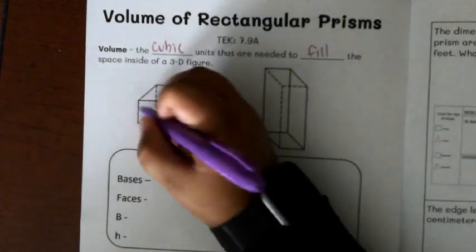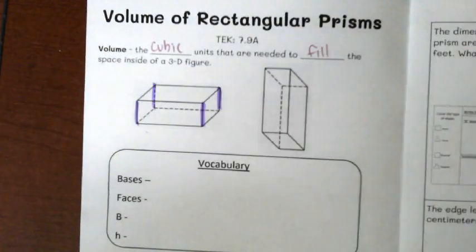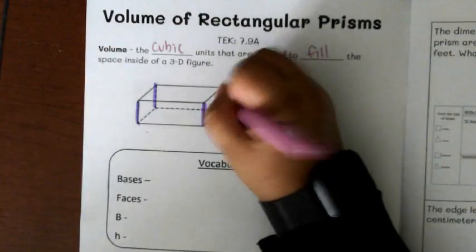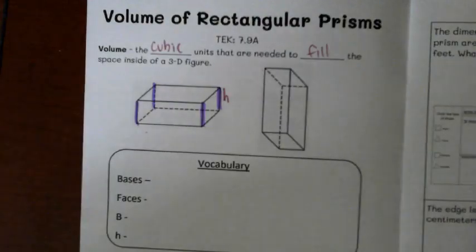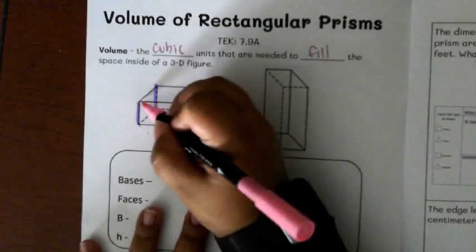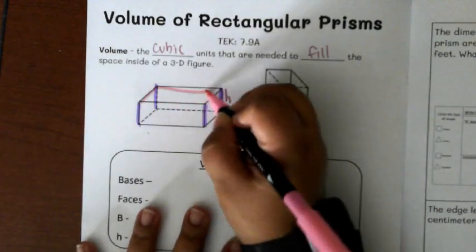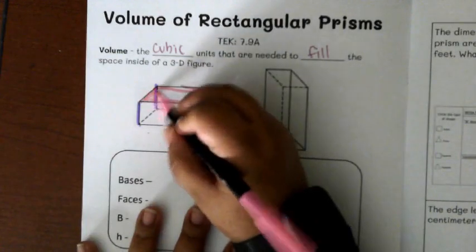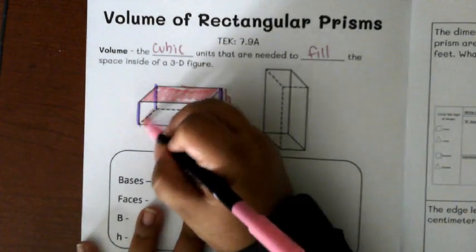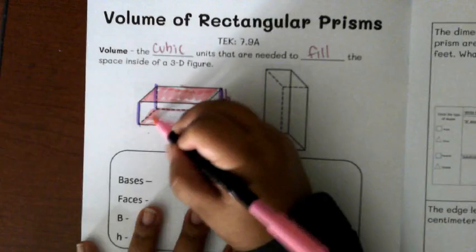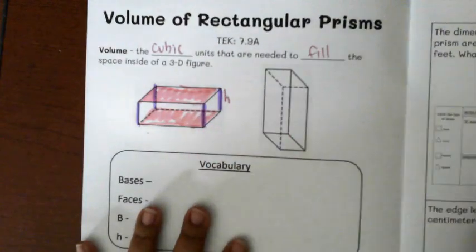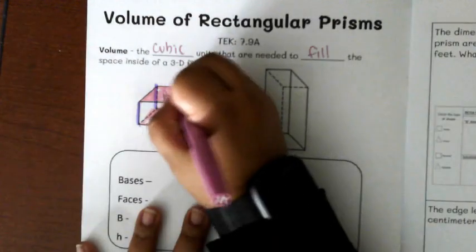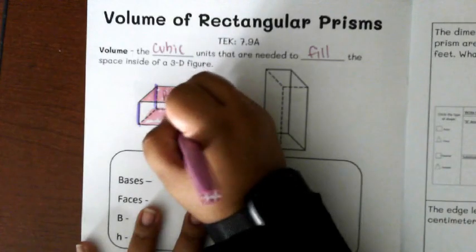Okay, so looking at this right here, these right here that I'm highlighting are the height. Okay, this is the height of the prism. If I'm trying to look at the base or find the base, it is going to be this rectangle right here and this rectangle right here. Okay, let's go ahead and label this base, and this is base.